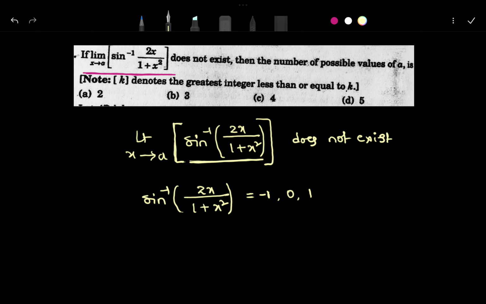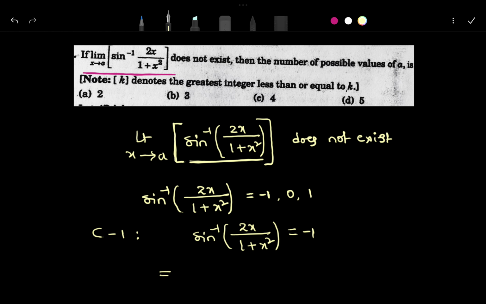So first, case 1: sine inverse of 2x by 1 plus x square is equal to minus 1.